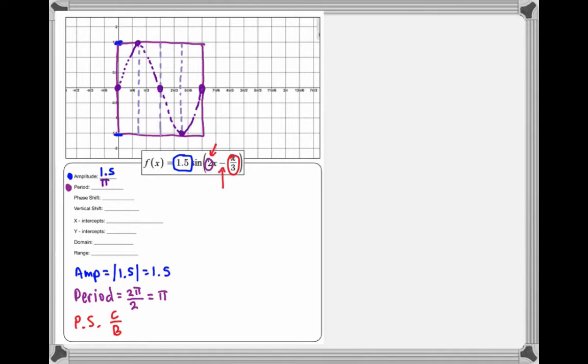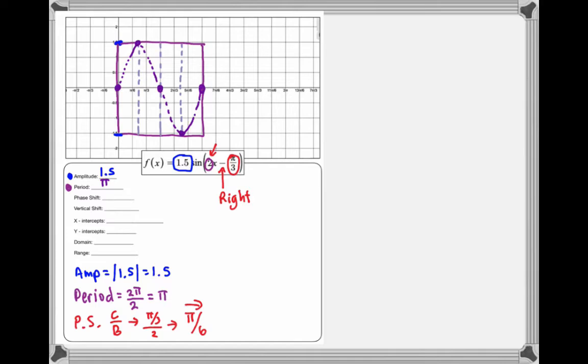It's negative, so we're going to be moving right. The whole thing is going to be moving to the right. So I get pi over 3 divided by 2, which gives me pi over 6, and I know that's going to be moving to the right.